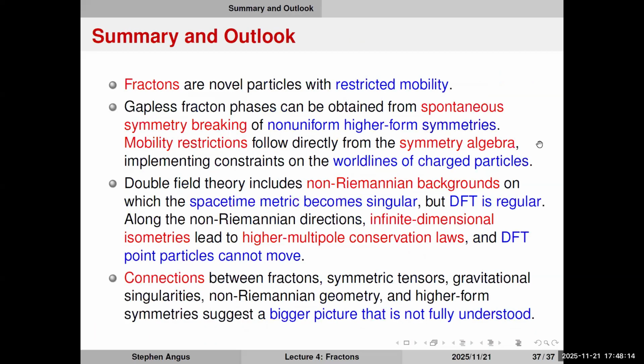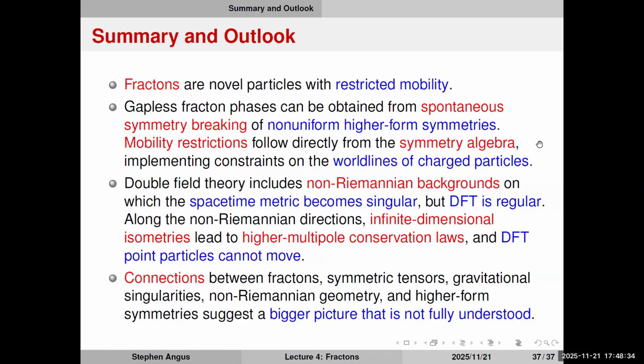This is my summary. Fractons are novel particles with restricted mobility. Gapless fracton phases can be obtained from spontaneous symmetry breaking of non-uniform higher form symmetries. We get mobility restrictions from the symmetry algebra and through constraints on the world lines of charged particles.